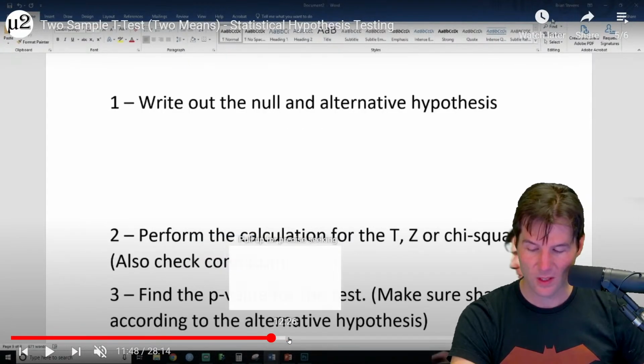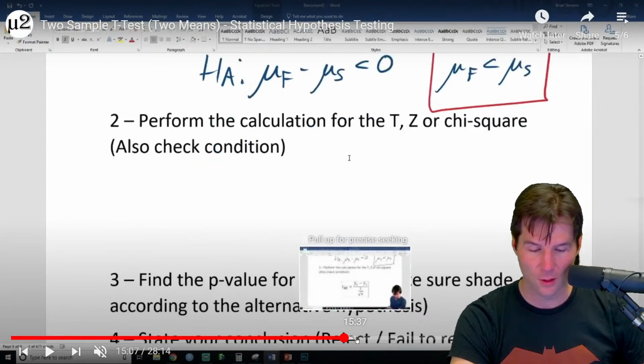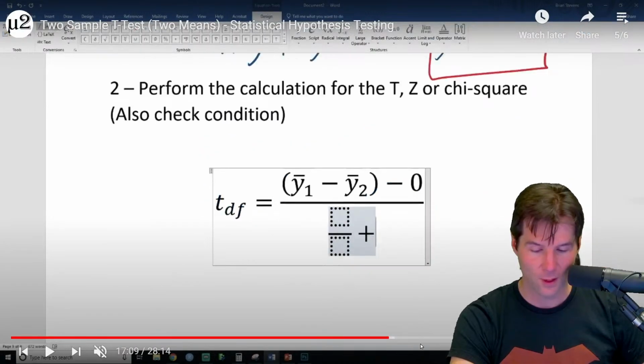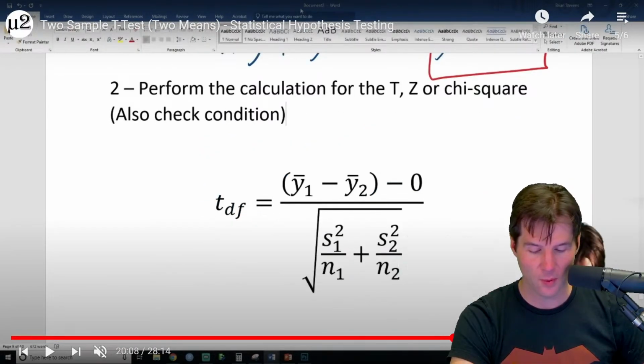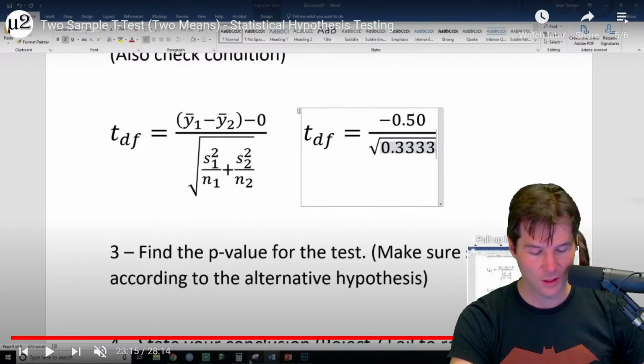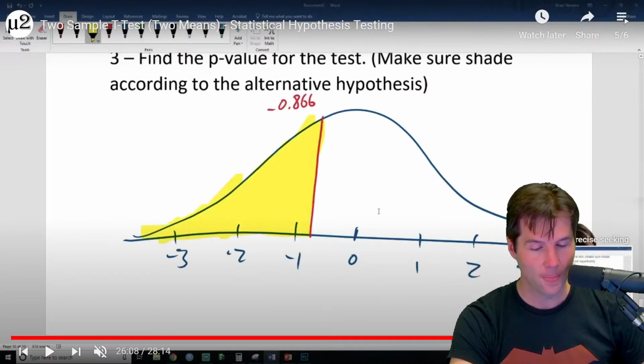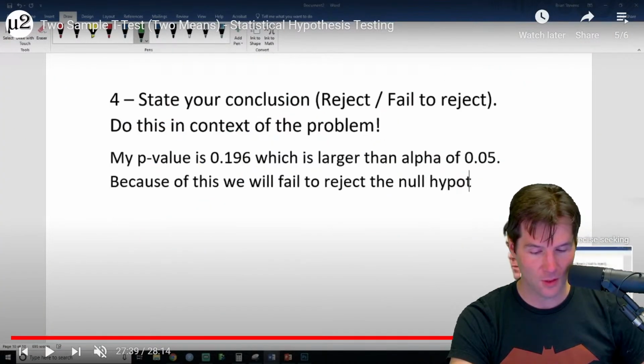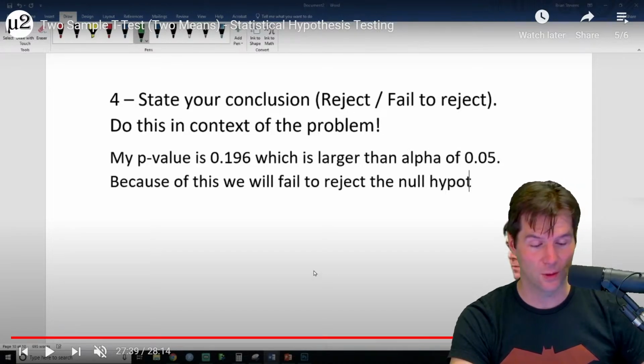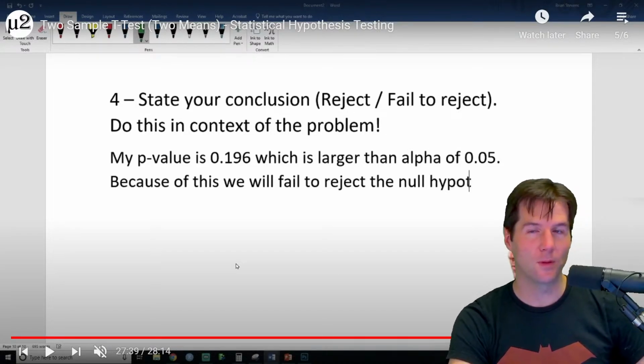All these things is basically a lecture going over it again, the null and alternative hypothesis for it, writing out the formula, doing an example problem with it, going through entering in the calculations, that's the long part, finding the degrees of freedom for the 2 sample t, and shading the p-value and coming to our conclusion on if we reject or fail to reject the null for the 2 sample t test.